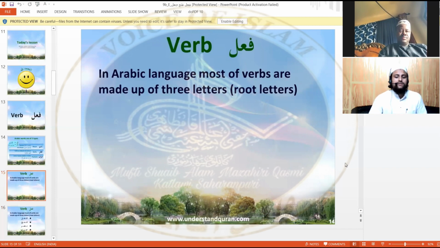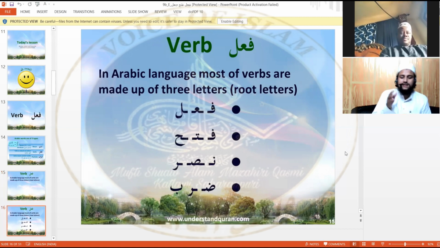In the Arabic language, most verbs are made up of 3 root letters. Like I told you about Ra, Ha, Mim in Rahman, and Ha, Mim, Dal in Hamd. You remember that? And Ain, Ba, Dal in Ibada, Na'budu.